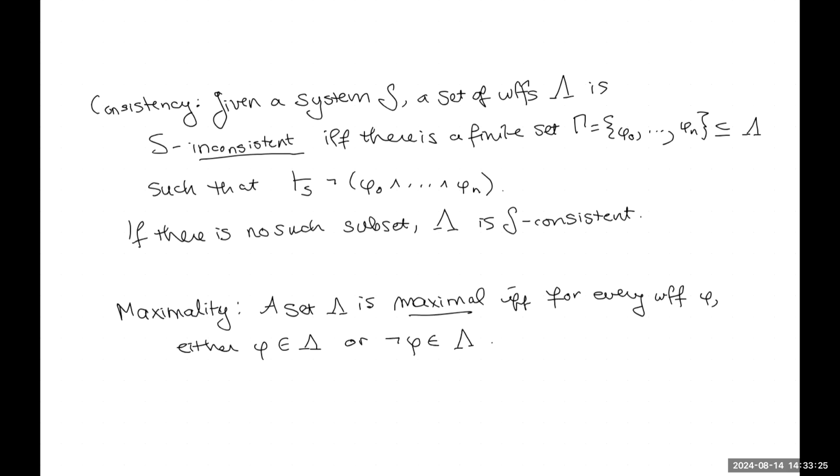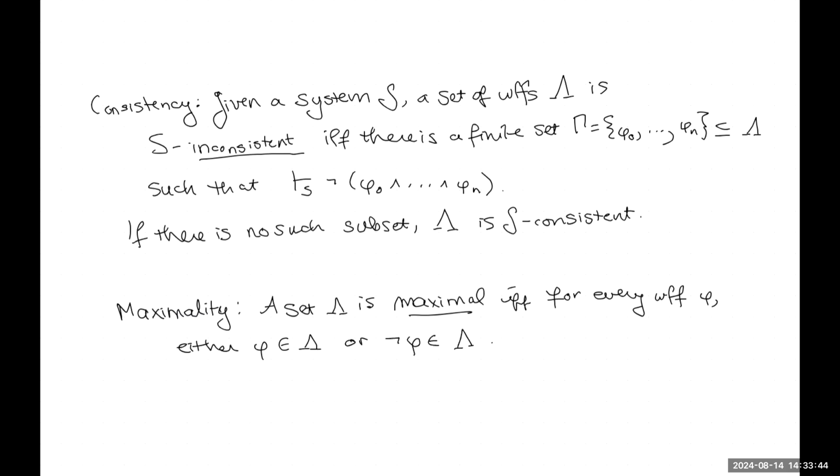And this is an inclusive or. It could be both. We don't care. The only constraint is that if we survey all of the possible well-formed formulas and we kind of pair up a formula and its negation, then one of the two of those has got to be in the set if it is going to be maximal.